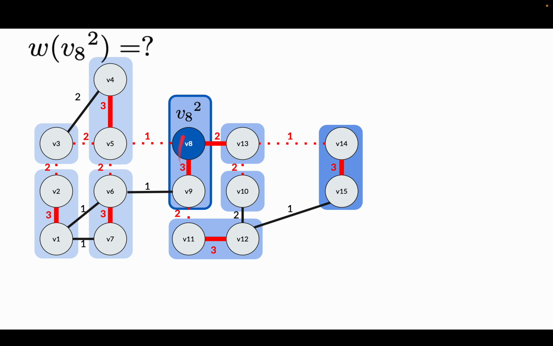For example, what is the weight of V_A^2? V_A^2 means the connected component of V2 hat which includes V8, so this one. And this connected component has 1 and 2 vertices, so the weight is 2.